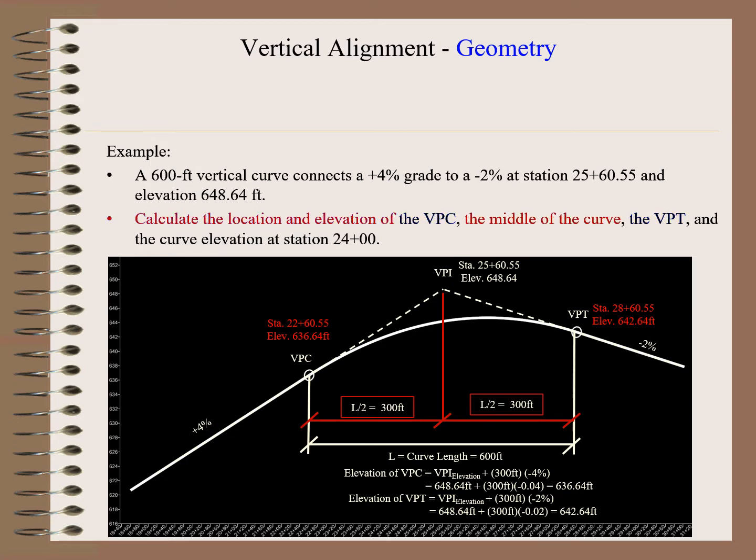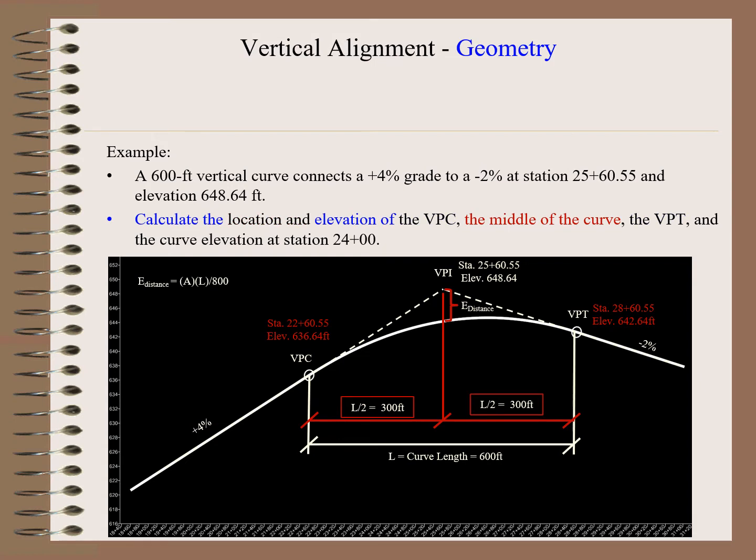Next, we're going to calculate the location and elevation of the middle of the curve. Well, we know the location already of the middle of the curve. It's the VPI station. But what we don't know is the distance from the VPI down to the curve itself, which is an E distance. This E distance equation is found on the sheet of equations that we showed earlier. The E distance from that sheet equals A times L over 800.